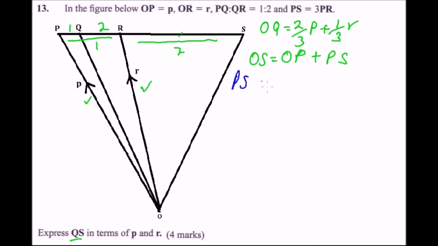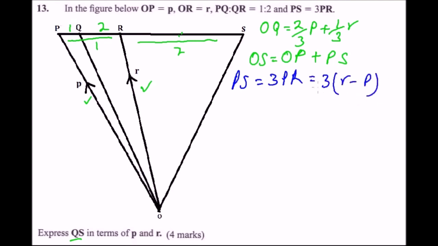PS, we are told it is equal to 3PR. So we need to find what is PR. PR is minus P plus R, so that will give us 3R minus 3P.